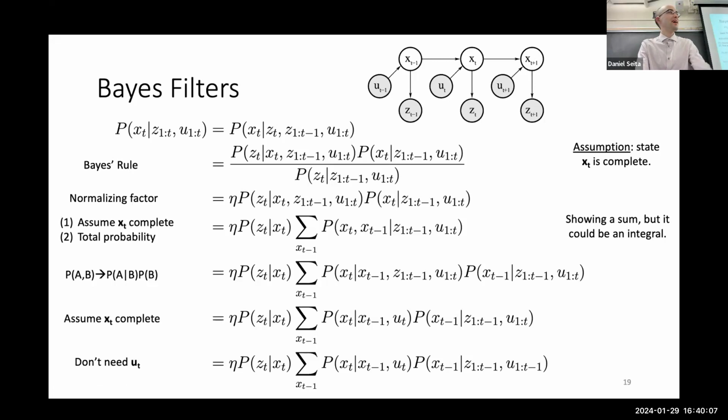I think I might have to say that again. So the previous belief: you had p of xt, where everything goes from 1 to t. You have xt minus 1, and then the v and u that go from 1 to t minus 1.